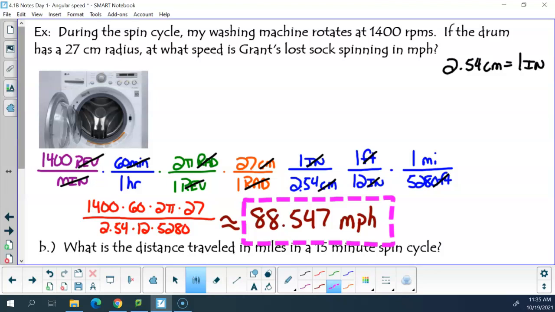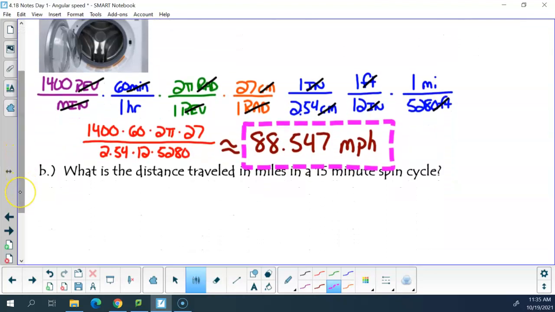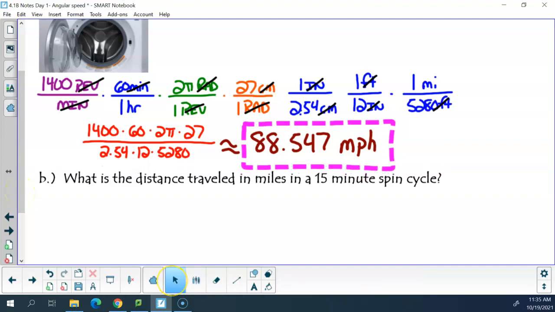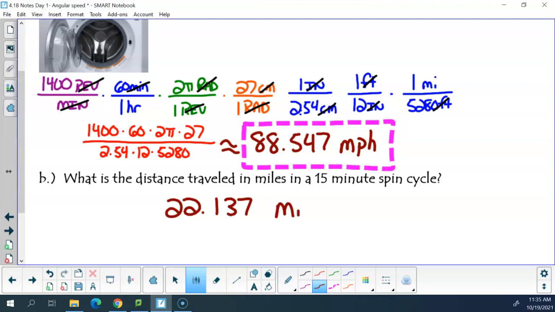So I can divide that by 4, because 15 minutes is 1/4 of an hour, so I could multiply by 1/4 or divide by 4, and I would get the fact that the sock traveled 22.137 miles in the spin cycle without ever leaving the washing machine.